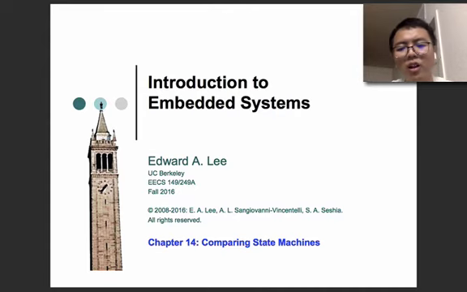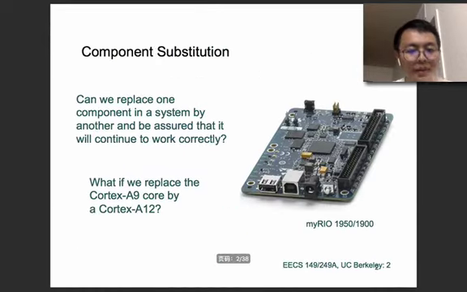To put it concretely, can we replace one component in the system by another and be assured that it will continue to work correctly? If we want to replace the Cortex A9 core by a Cortex A12, will they behave in the same way? And what is the meaning of behaving in the same way?